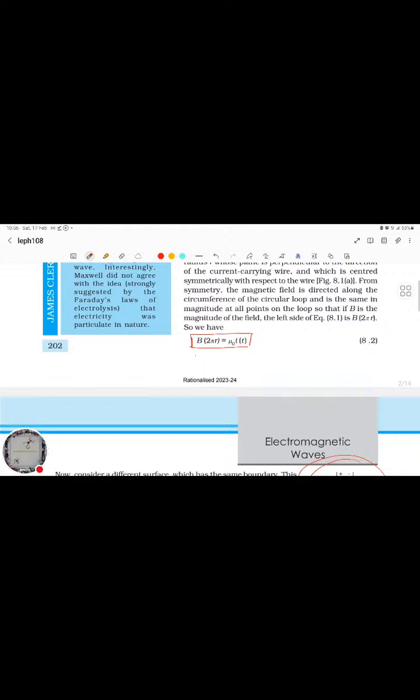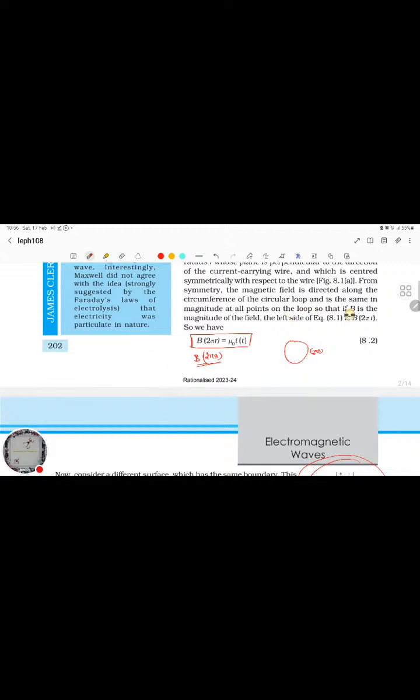Now B is the magnitude of the magnetic field, and we have a surface of length 2 pi r, so the closed integral with respect to that particular surface is going to be B times 2 pi r, and the magnetic field is directed along the circumference.